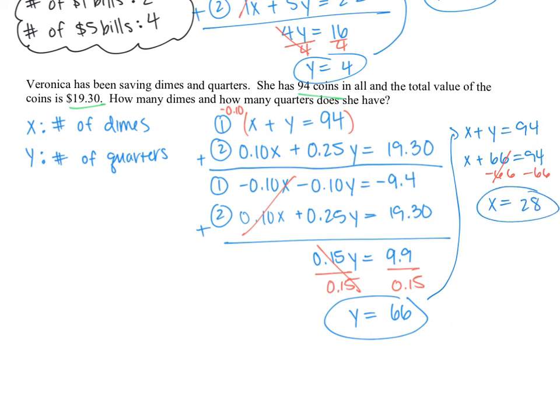All right, so that means for this problem, the number of dimes I have is, our dimes are the x value, so 28 dimes. And the number of quarters I have is 66 because it represents my y value.